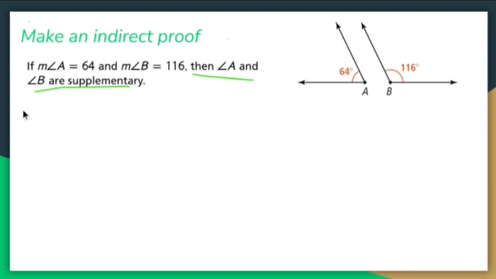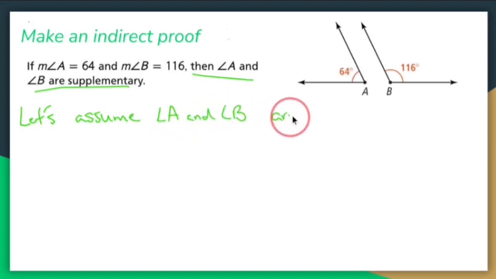So let's assume that angle A and angle B are not supplementary. Supplementary means they add up to 180 degrees.